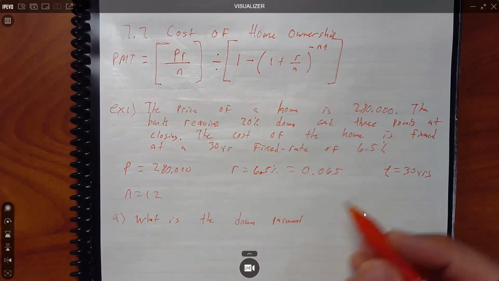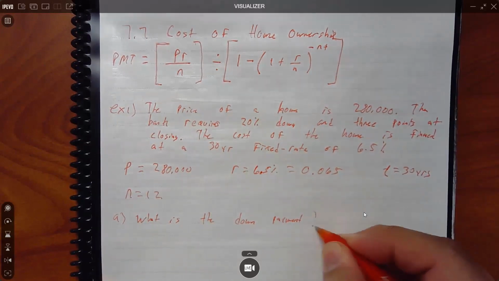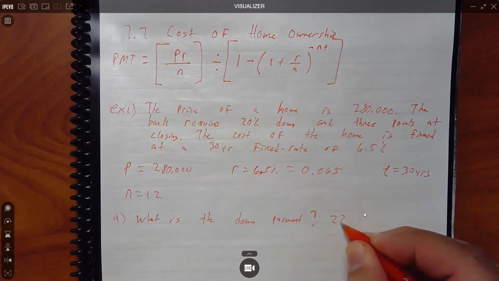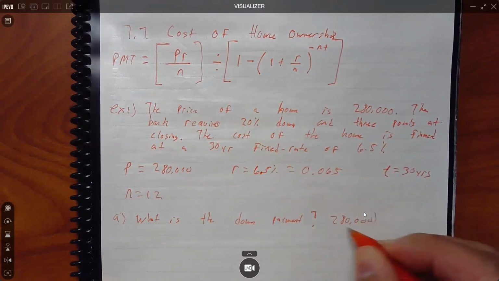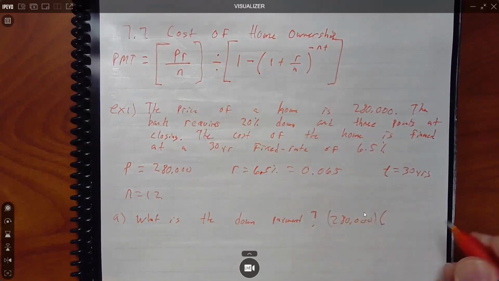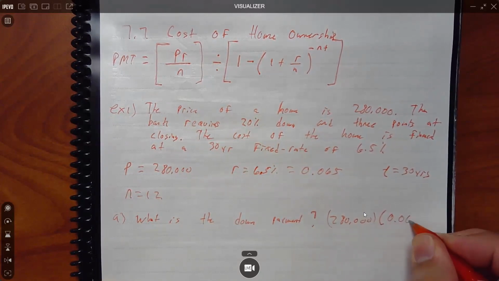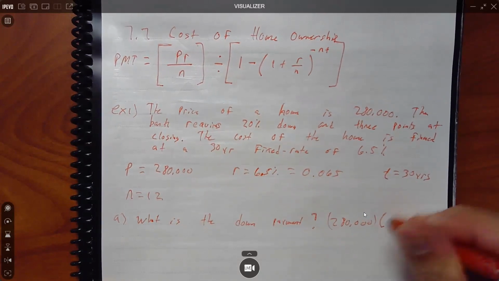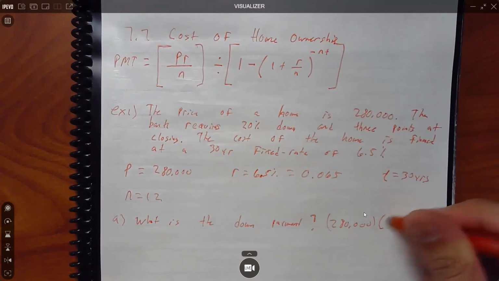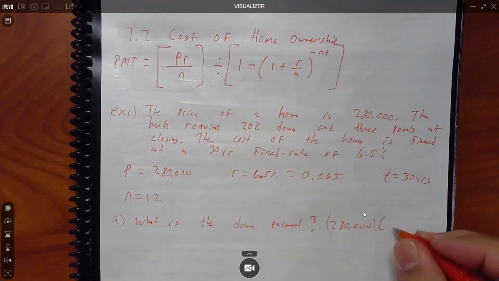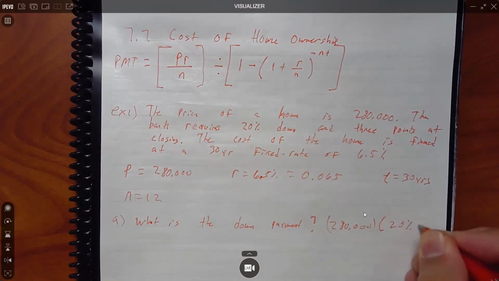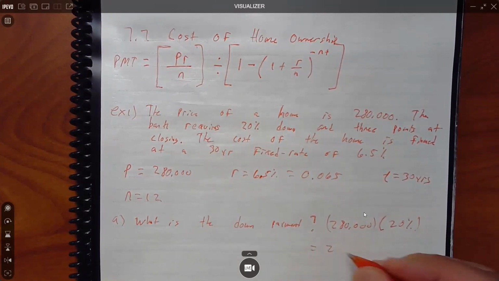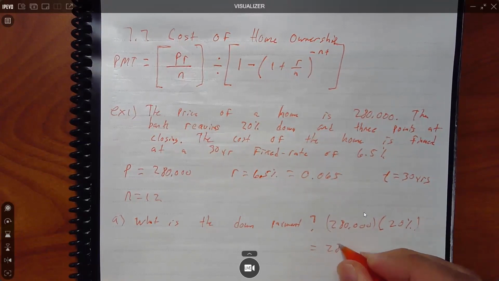So take the 280,000 times, oh, I'm sorry, times 20%, which is 0.20.